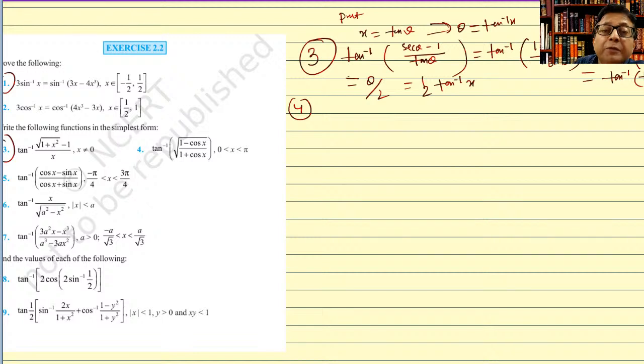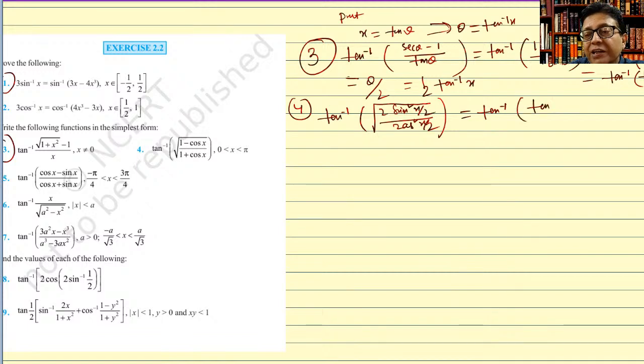Number 4, 5 may be problematic for you. Why? If you don't change the interval, then you might be in trouble. How to take the interval? So you write tan inverse root 1 minus cos x over 1 plus cos x. Whenever an interval is given, it's your duty to check whether what you are going to write is valid or not. x is where? x is greater than 0, less than pi.